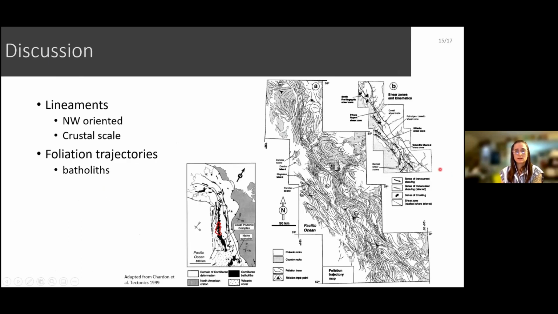The lineaments of this region are predominantly northwest oriented at a crustal scale, and are the result of the translation of those terranes historically. The foliation trajectories in the shear zones are also predominantly northwest oriented. And in some areas, we have this swirling pattern that is attributed to the batholiths.